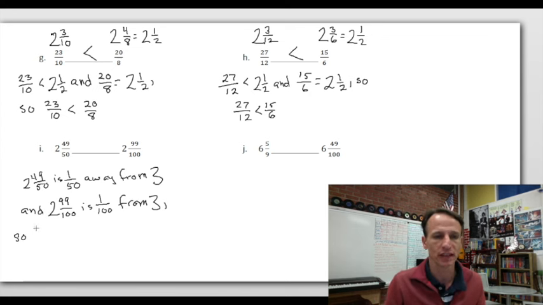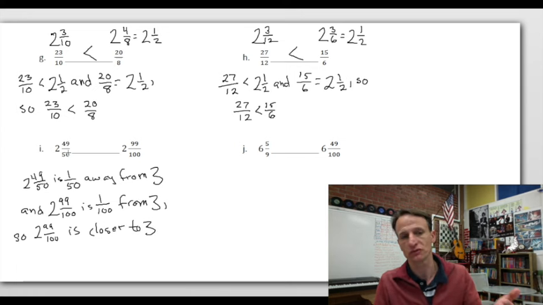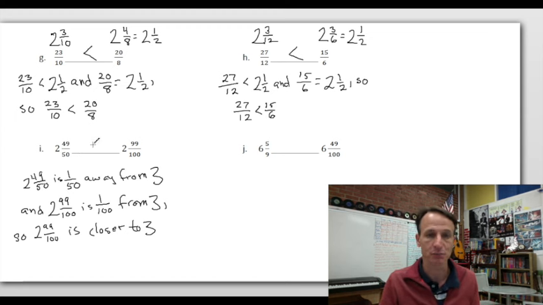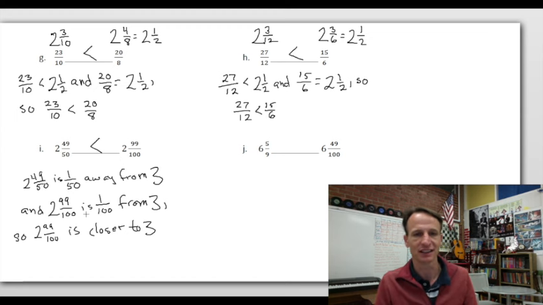So that means that 2 99/100 is closer to 3. And that's the logic that tells us that 2 49/50 is less. Okay, not much, actually just a penny less than 2 99/100.